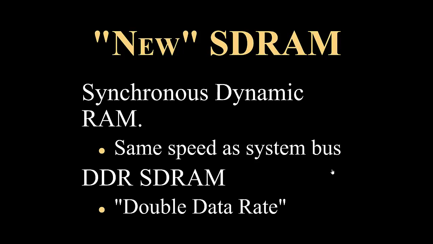Now, a newer type of RAM is called SDRAM, or synchronous dynamic RAM. It runs at the same speed as the system bus. I'm assuming this is the front side bus. Newer types of RAM than that are called double data rate SDRAM, and so they call it DDR SDRAM. But even this is kind of old school.